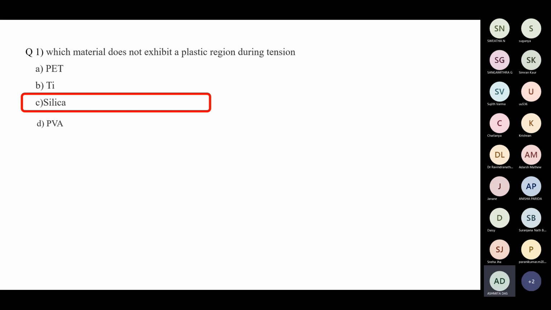So, are you familiar with this graph? Yes, this is basically the stress versus strain curve. Here you can find several points. Can anyone tell me beyond which point the plastic region will start? After the yield point, madam.